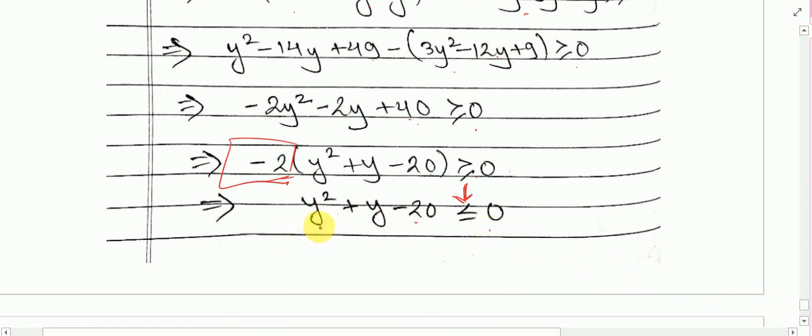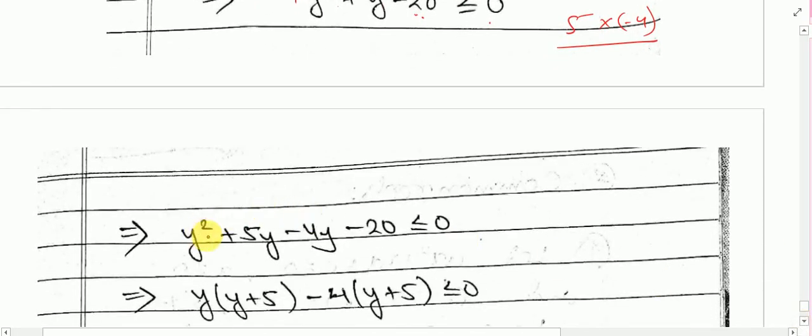So you got a quadratic equation in y. Now you have to do middle term splitting. So here 1 and here minus 20. So think of two numbers whose product is minus 20 and sum is plus 1. So 5 and minus 4.